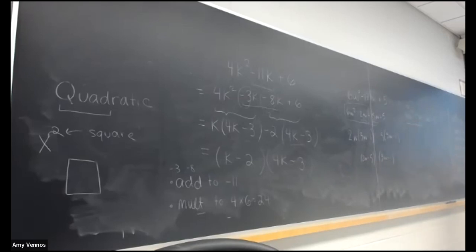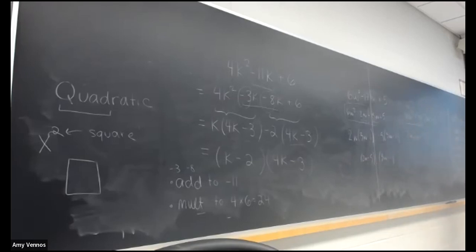All right, let's factor by grouping. What do 6W squared and negative 15W have in common? 3W, right? And what do I have to multiply by 3W to make 6W squared? 2W. What about negative 15W?